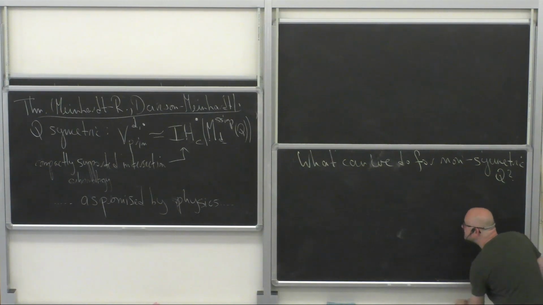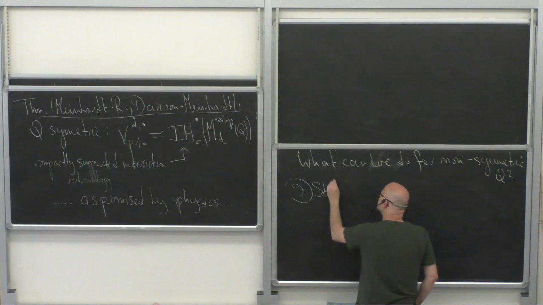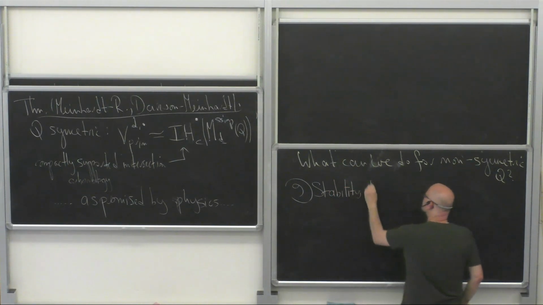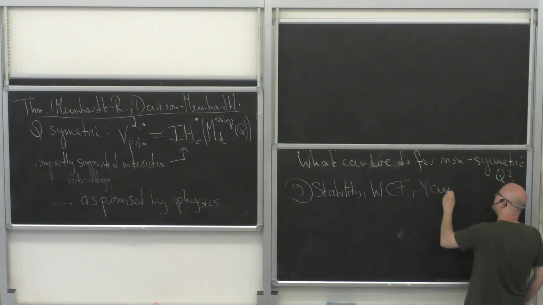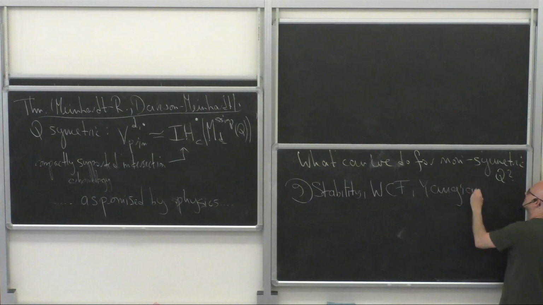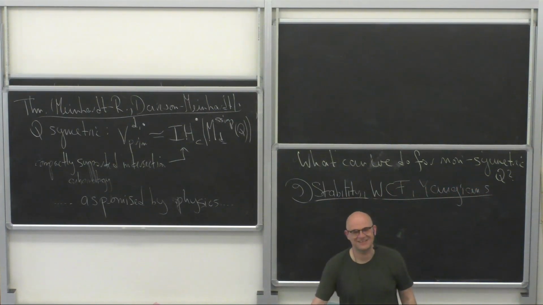This is the final section 9, stability and wall crossing. Stability, wall crossing, and Yangians. Lots of buzzwords in this final section.